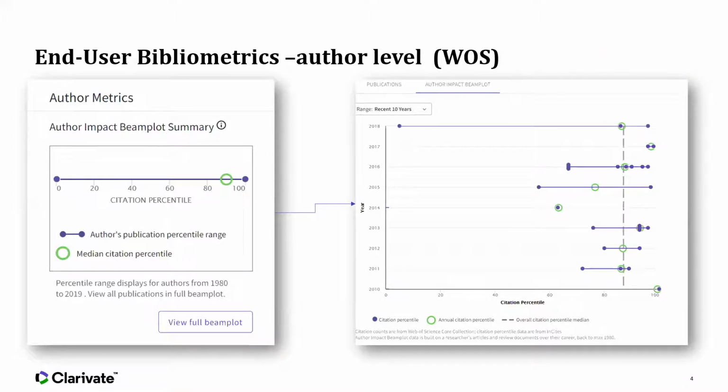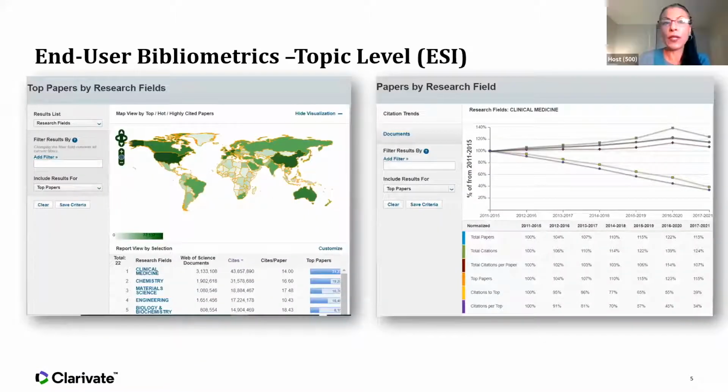Another example, if you look at the ESI, some of you have used this, of course, in your careers. You look at all the different indicators that are there, all the metrics that are there, especially related to citations and field-weighted citations, and so on.